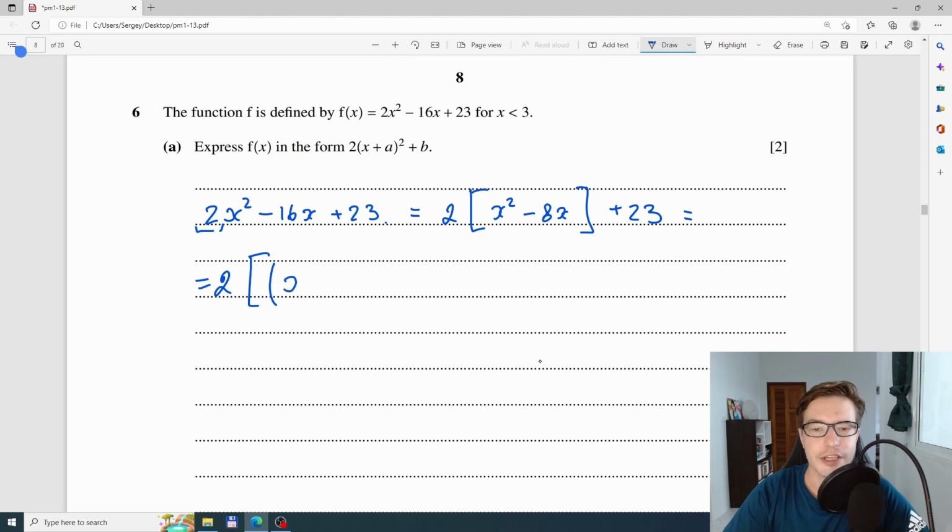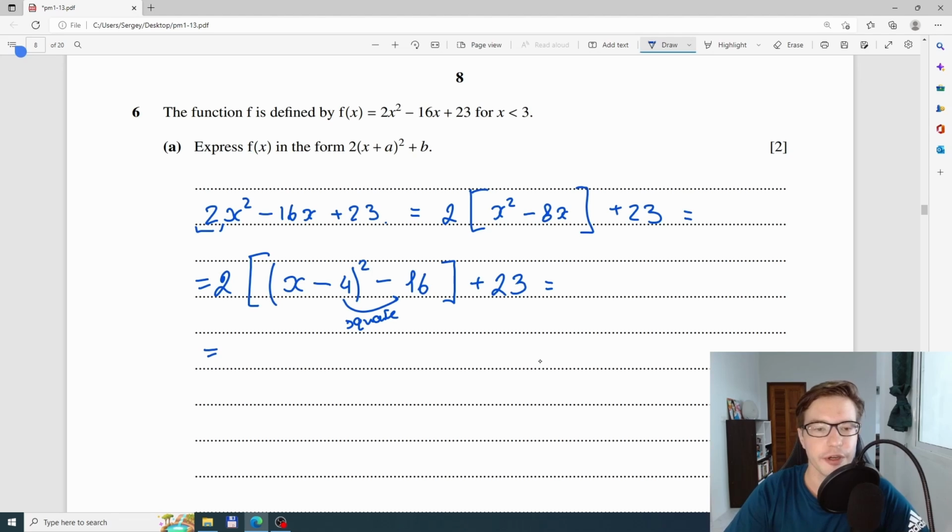I can write it as x minus half of the number in front of x, which is 4, squared, minus squared number in the brackets, so it's 16, plus 23.